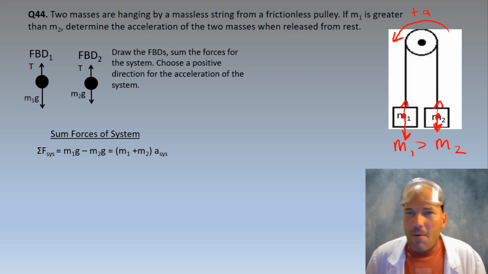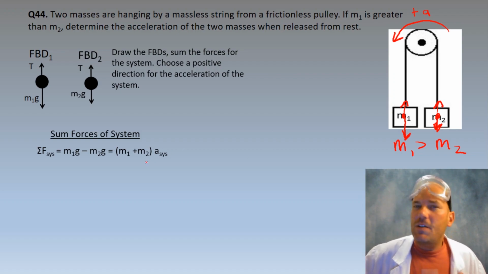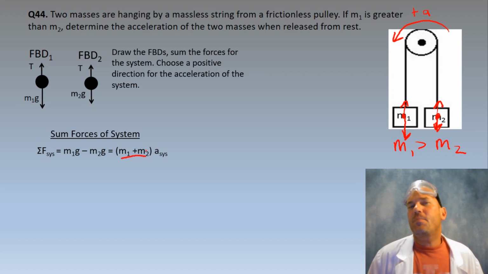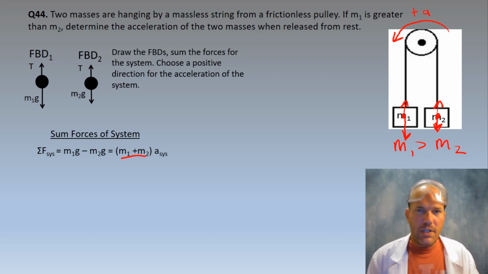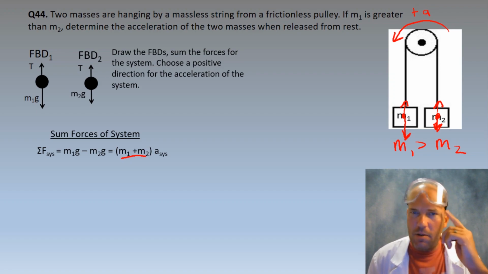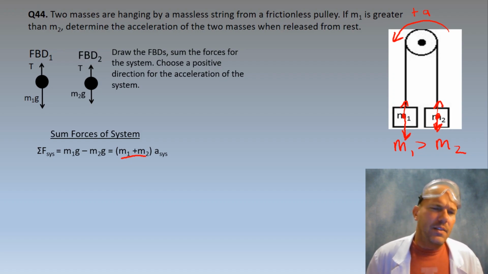So, one of the most common mistakes here using a system approach, which I always felt was very intuitive, was not adding the masses. So it's the mass of the system. And again, defining your direction and choosing a positive and being consistent and doing that in a smart way so you avoid double negatives and things like that.